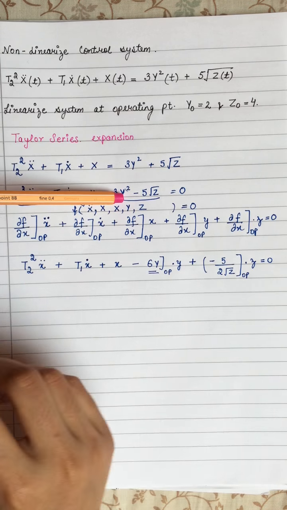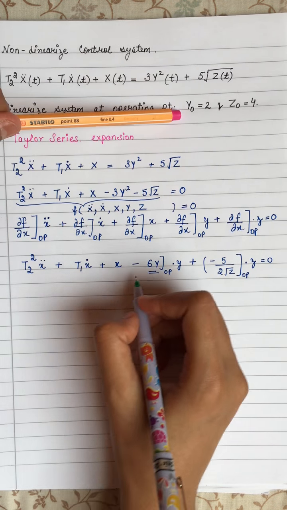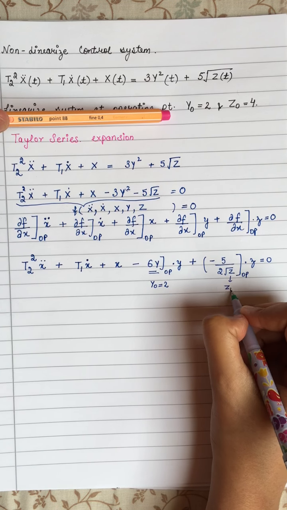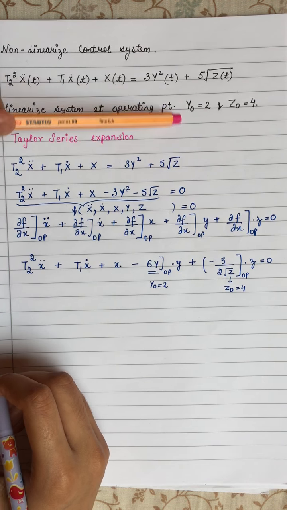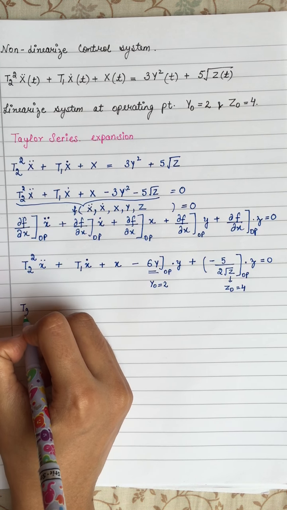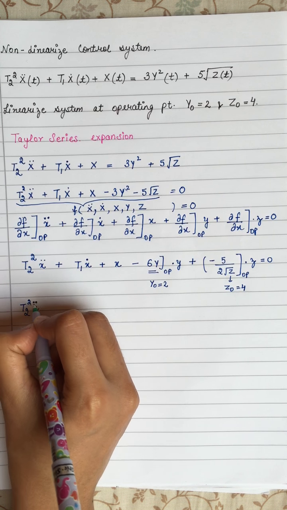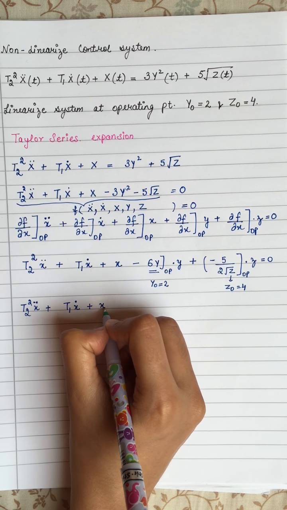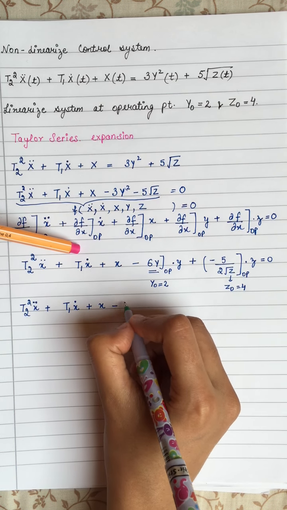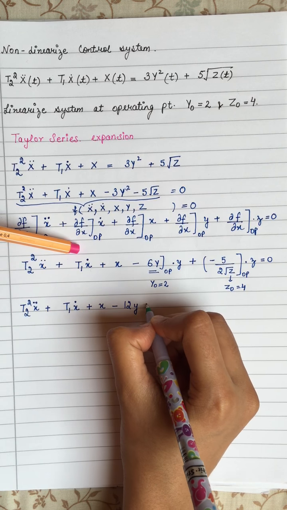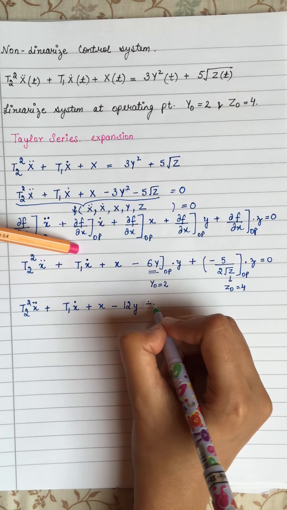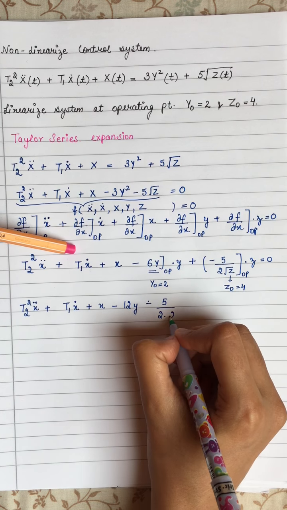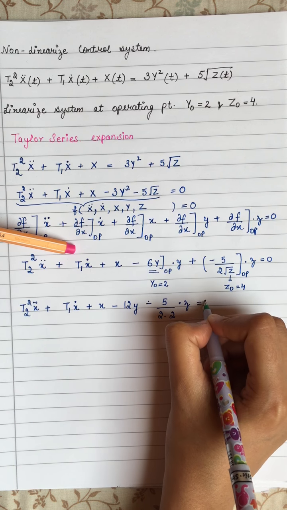Now we have to insert our operating points. It was y0 equals 2 and z0 is equal to 4. Putting these values in, we get t2 square x double dot plus t1 x dot plus x minus 12y plus 5 over 2 root of 4, which is 2, into z equals 0.